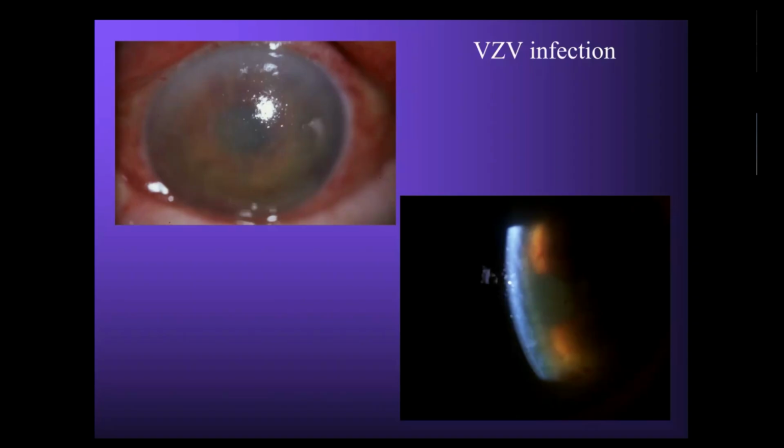We have to expect varicella zoster virus infection of the eye in many cases where the nose is involved, the Hutchinson sign. So if the nose is involved, look at the patient every day in order not to overlook the disease of the eye.